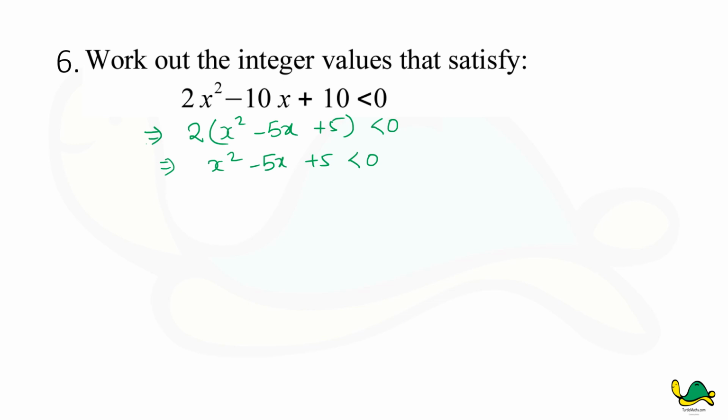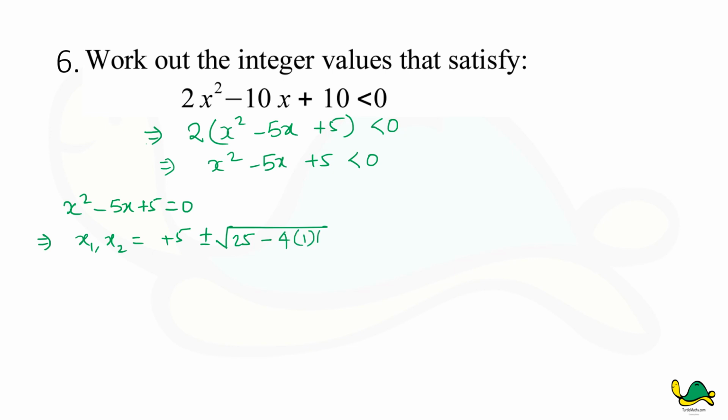Now in this case, I'm not able to think of any factors, so I will use quadratic formula. So imagine if I had x square minus 5x plus 5 equal to 0, how I can solve it using quadratic formula. For more details, you can watch the videos over here. Let's see, I'm just going to use the quadratic formula. So the two roots x1, x2 are going to be negative of b plus minus root under b square, which is 25, minus 4ac.